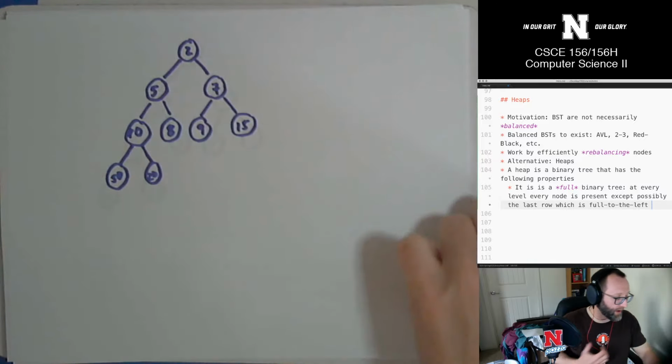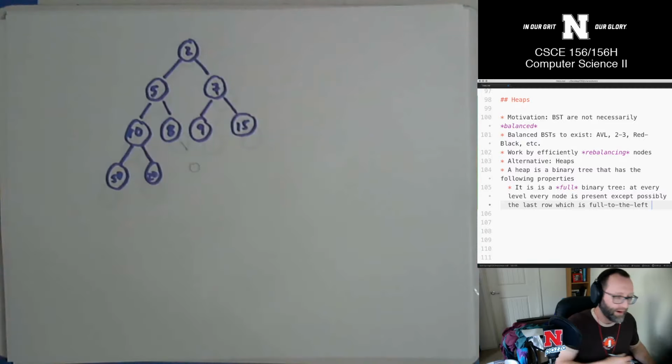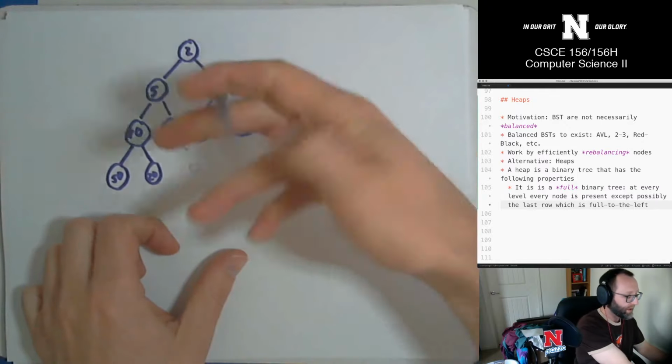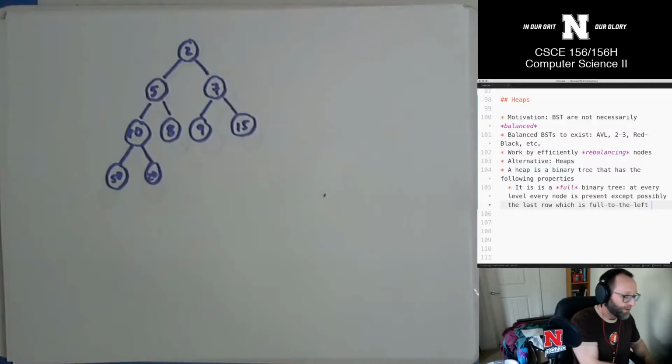If I were to add a node over here and put whatever is in there, that would no longer adhere to the fullness property. This would no longer be a full binary tree because we've got a gap here. Or if I were to put something over here or wherever else. So that's the fullness property.